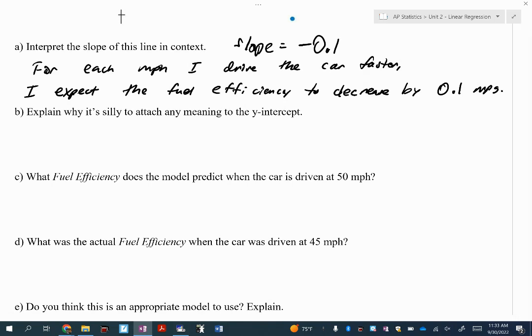Again, this is really a review from chapter 8, where it has asked you to interpret the slope and the y-intercept.